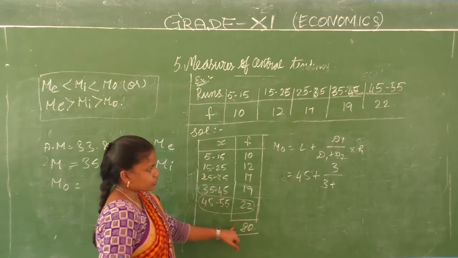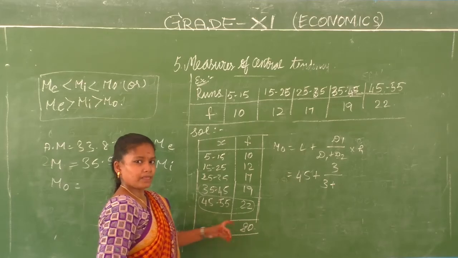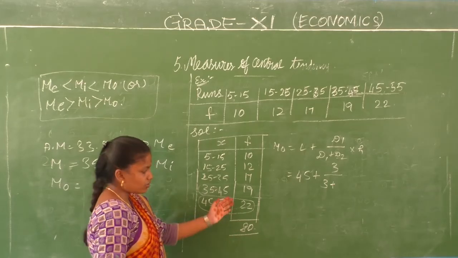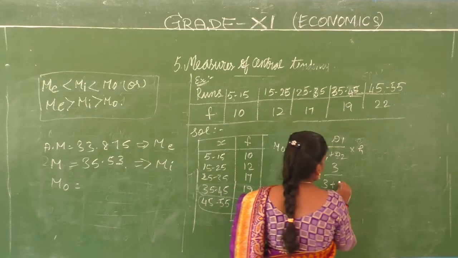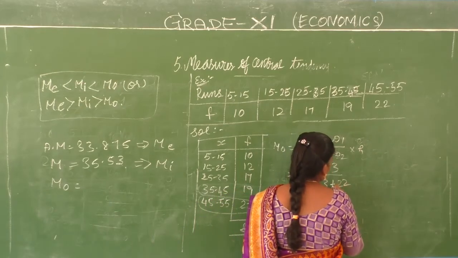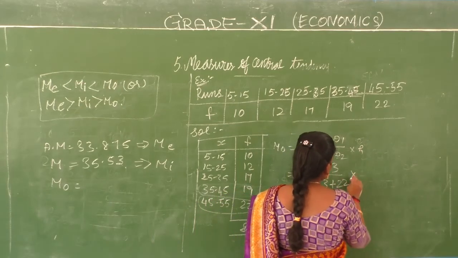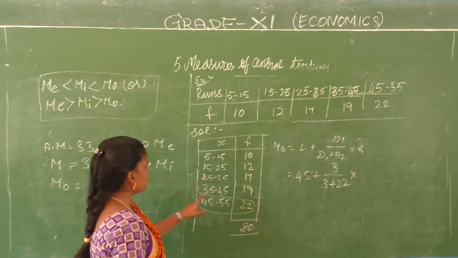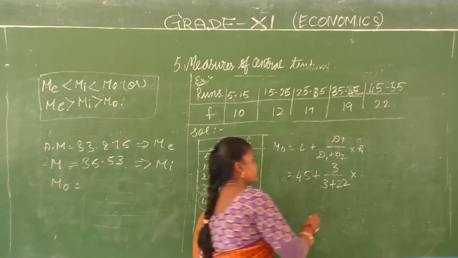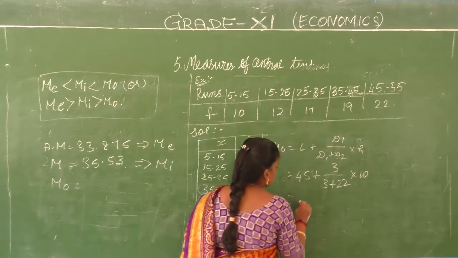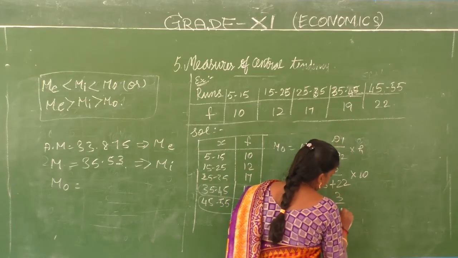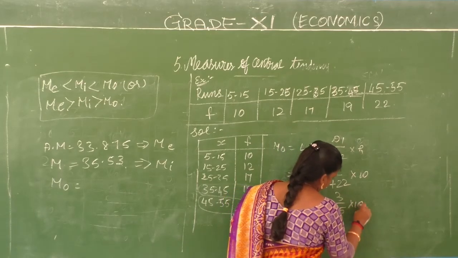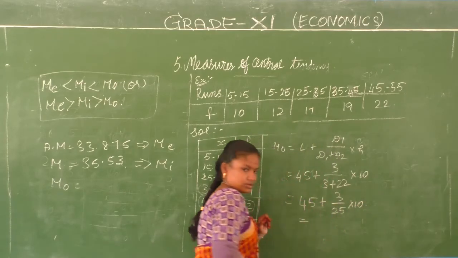No. So 22 minus 0. Right. There is no other value. So you're just going to take this value. Into what is your H, children? We have 10. 45 plus 3 by 25 into 10.